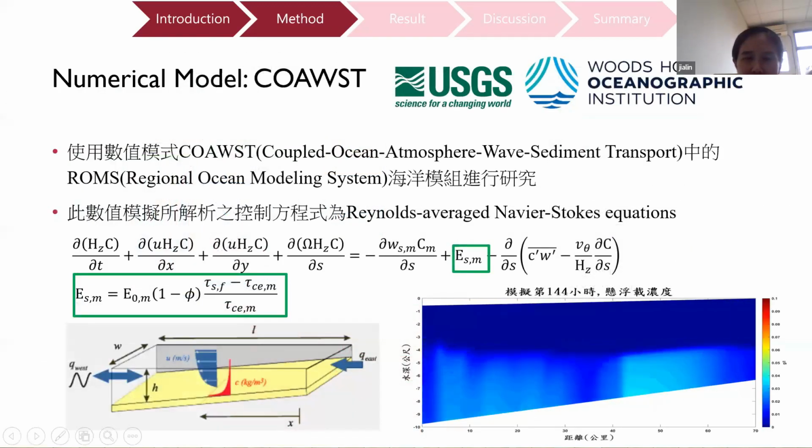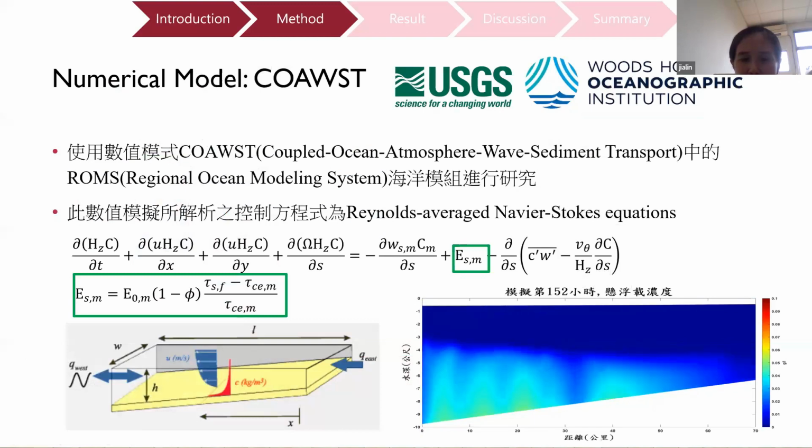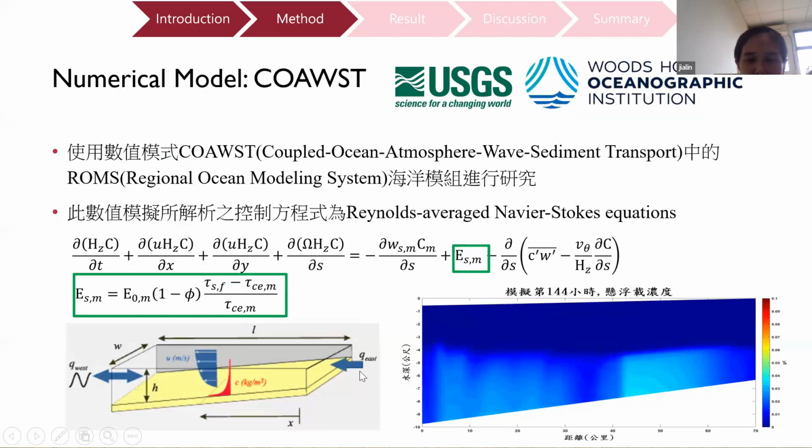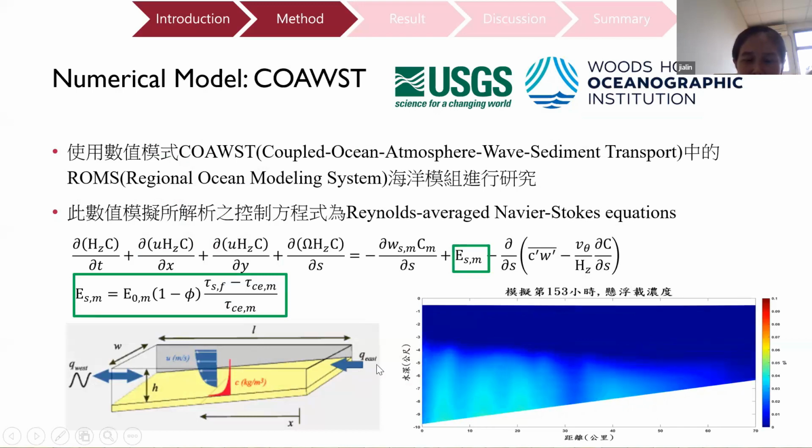So this is just an example of a numerical model we use to study the canyon turbidity current. This is a simple setup, which just has a river input on the right-hand side and an ocean opening on the left-hand side.